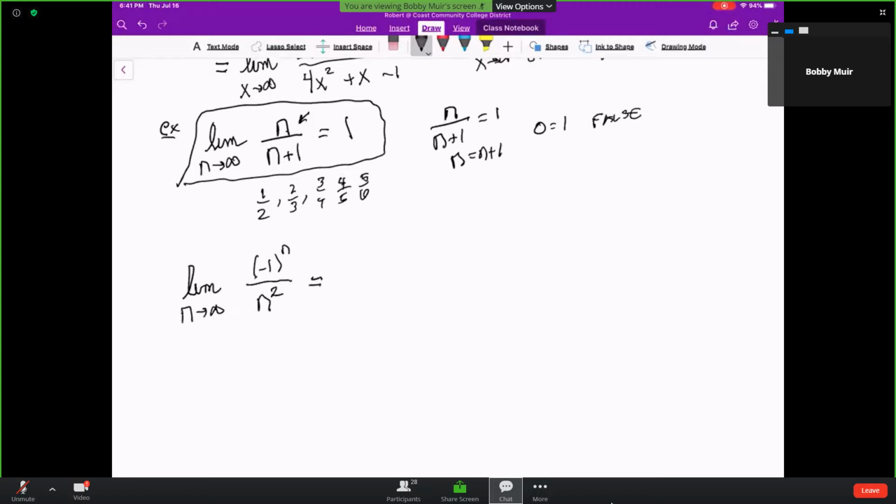Okay, let's see what's happening here. Here's my sequence: negative 1, 1 over 4, negative 1 over 9, 1 over 16, negative 1 over 25. What's happening to these numbers? Oh, they're circling 0. They're going to 0. Okay.